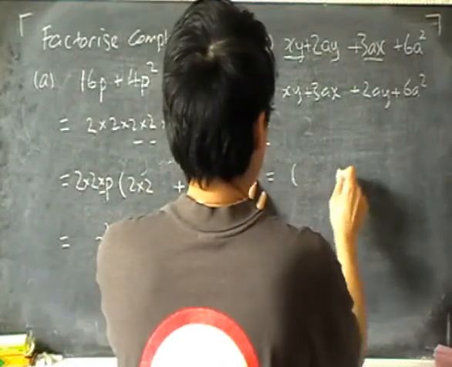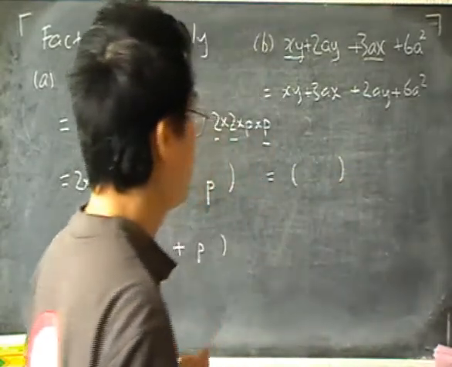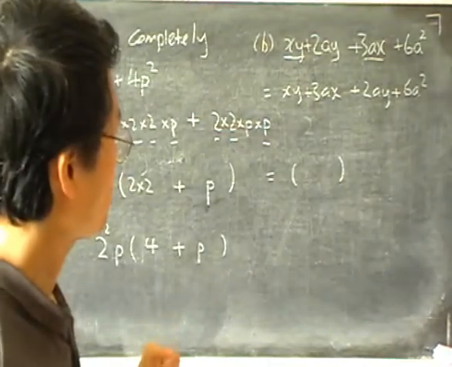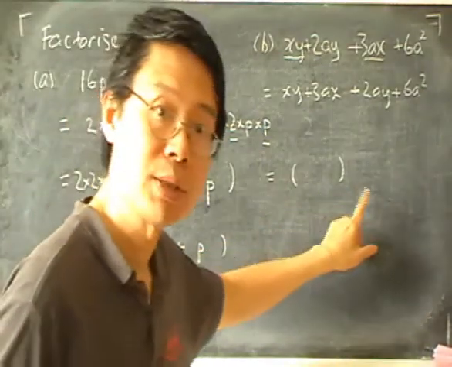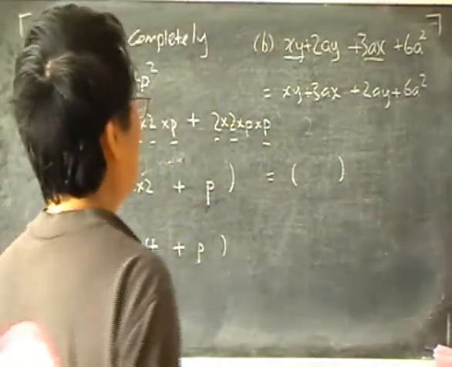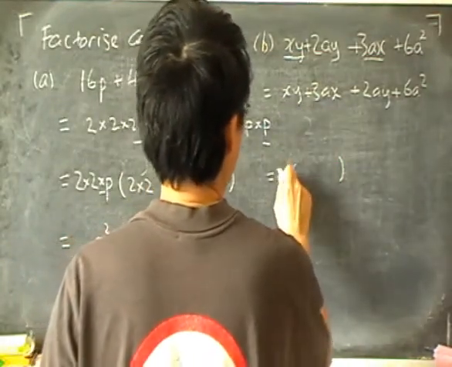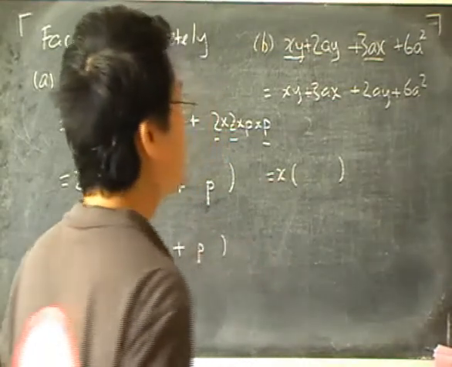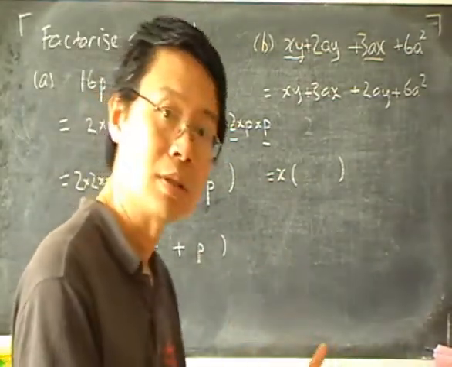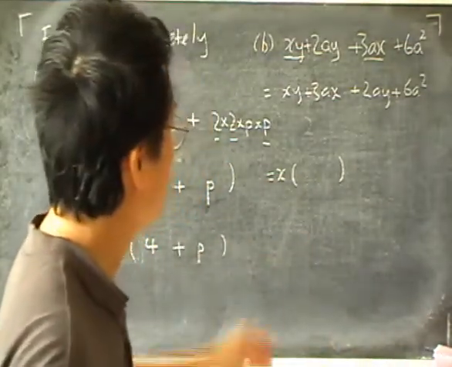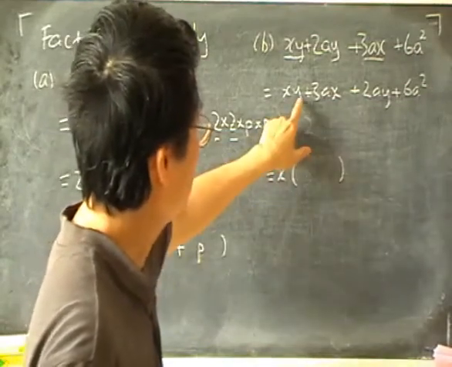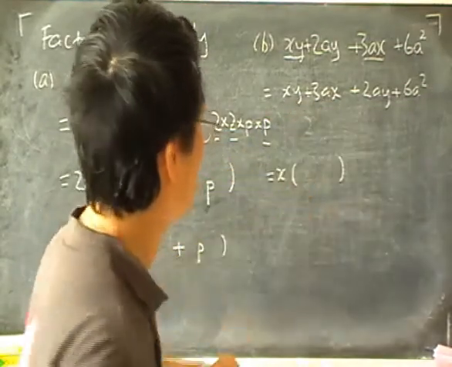This means that I must first get ready a bracket, just throw a big one with lots of space in between. I must write the common factor outside the bracket, like I'm taking it out of the bracket, and then I must write down the remaining terms in the bracket.